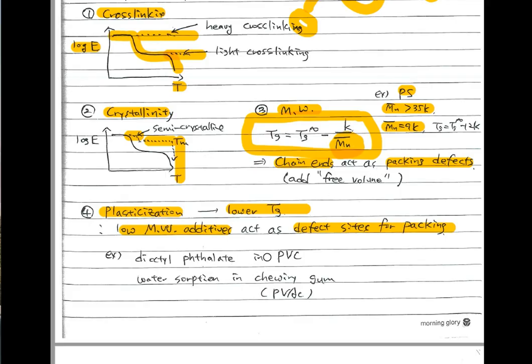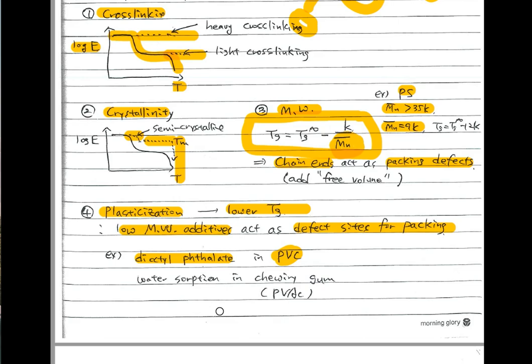For example, if you make PVC, you add some amount of dioctyl phthalate as plasticizer, and if you add more of this plasticizer, the resulting polymers have lower Tg, and their physical properties become more flexible, more soft.